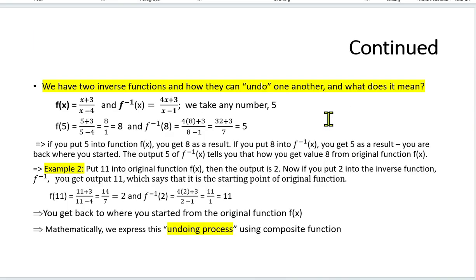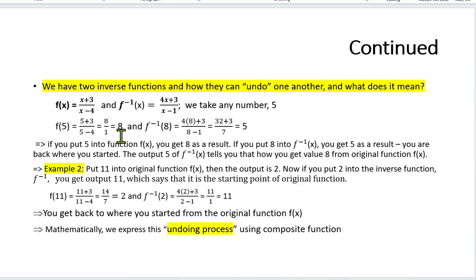Now we want to show, since we have two functions that are inverses of each other, how they can undo one another and what it means. We found the original function (x plus 3) over (x minus 4) and the inverse function (4x plus 3) over (x minus 1). We take any number, 5, and put it into the original function. So (5 plus 3) over (5 minus 4) is 8 over 1, so the number 8.